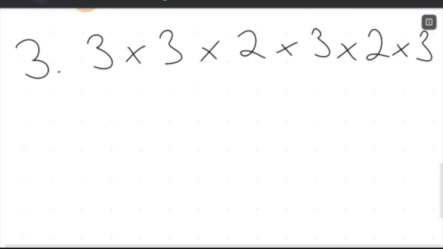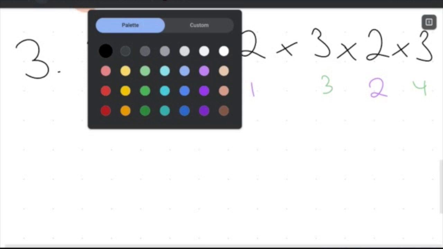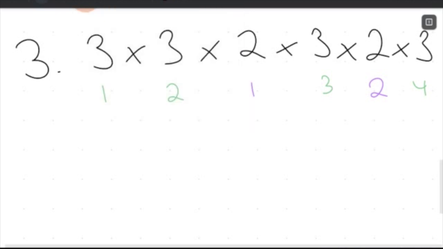So with my 3s, I have 1, 2, 3, 4 3s. And how many 2s do I have? Well, I have 1, 2 2s. So to write this, nothing really changes, guys. The only thing is we have to consider more than one base that's multiplying. So I have 4 3s, so I can write this with a base of 3, and I have 4 3s multiplying by each other.